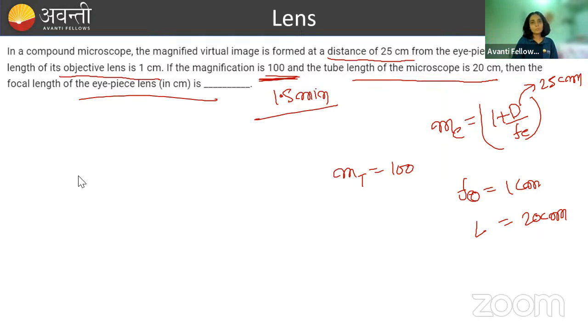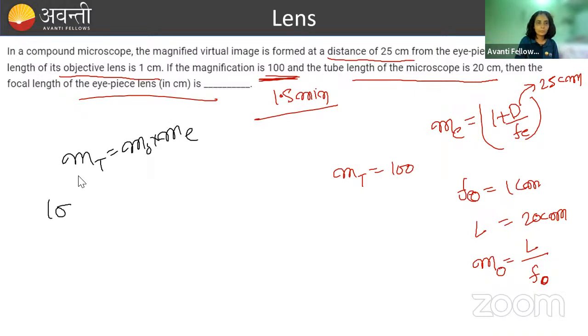If you have followed the lecture, you must know what u naught and v naught are. So in that case, we will go with approximation. In case of approximation, magnification by the objective is equal to L by F naught. Now put the things and get the answer. Total magnification equals M naught into Me.